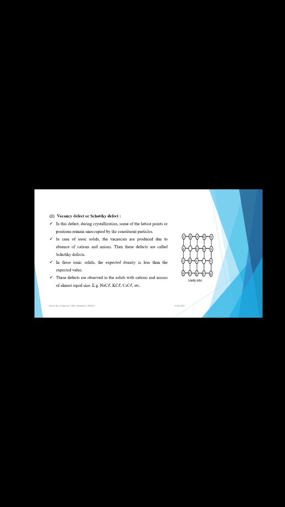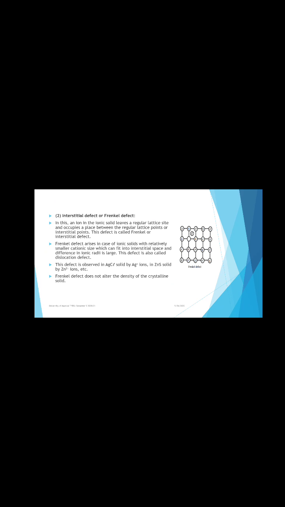This defect is mostly observed in ionic solids in which the sizes of cations and anions are almost equal. For example, sodium chloride, potassium chloride and cesium chloride are examples of the vacancy or Schottky defect.